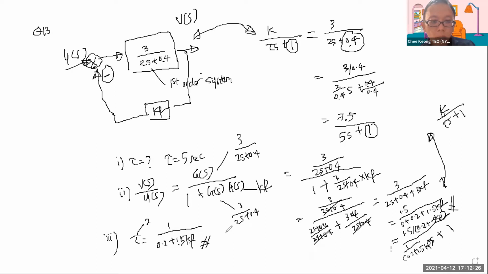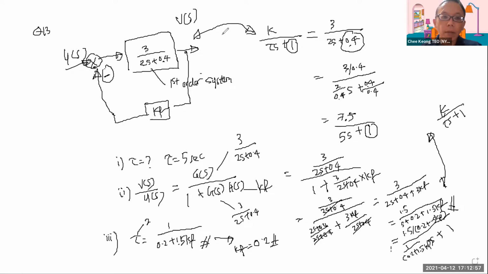After I put it to 2 and solve, I get kf equals 0.2. So this is for part 3.